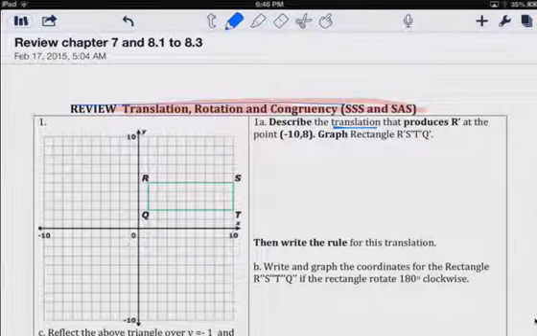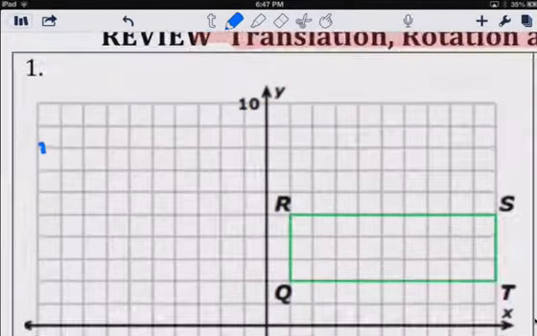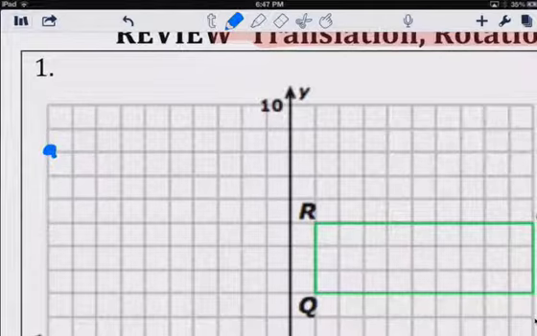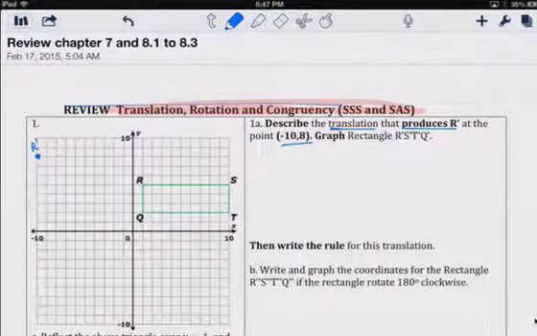Translation is trying to produce R prime at the point of negative 10, 8. Negative 10, 8 is over here, and that is R prime. Okay, so shifting up for sure.